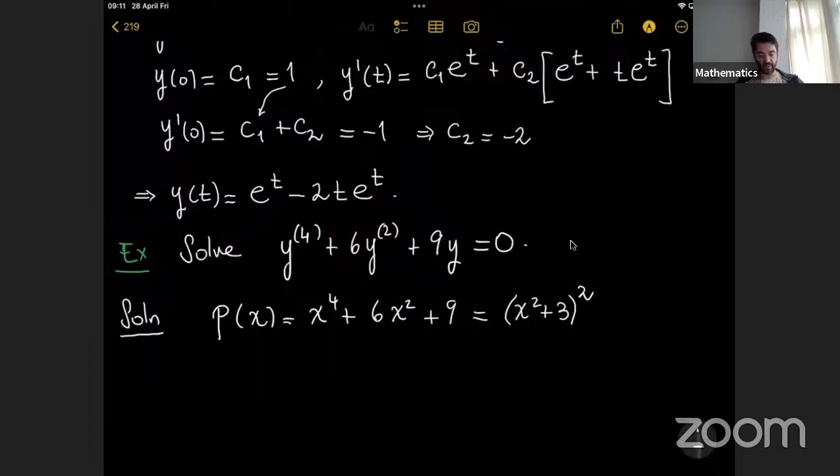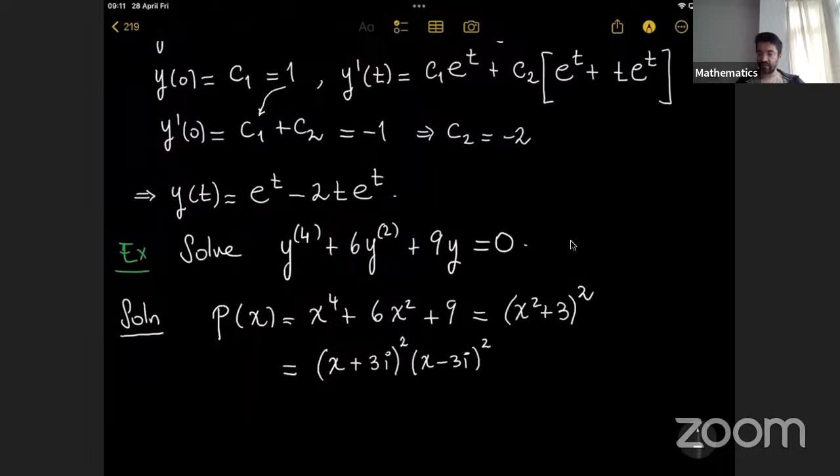Some may be repeated. Here, for instance, well, let's continue this. This is equal to lambda plus 3i, lambda minus 3i, right? This gives you lambda square plus 3, right? And you have the square here, so we get square here, square here.